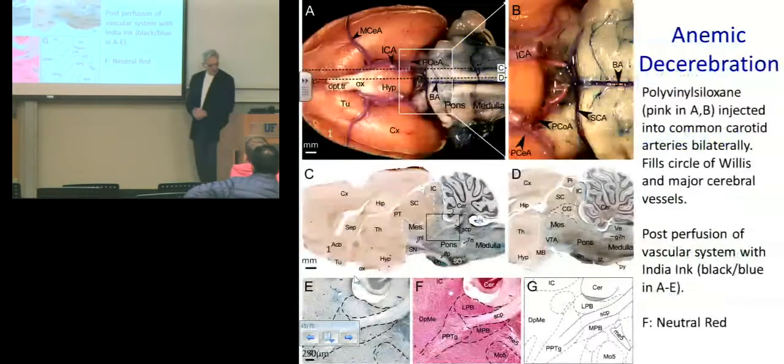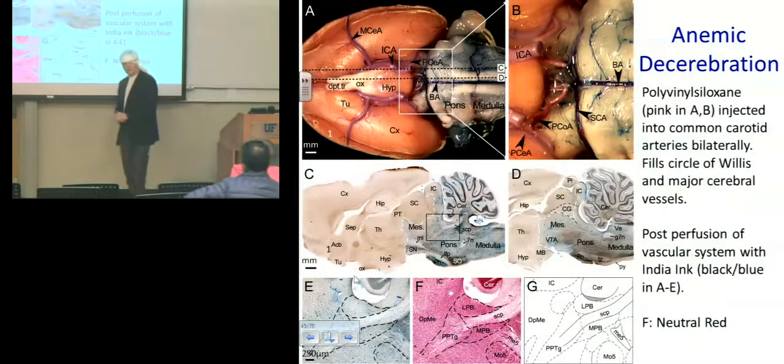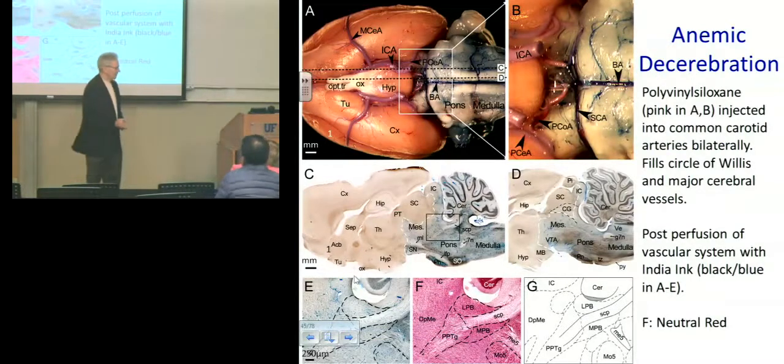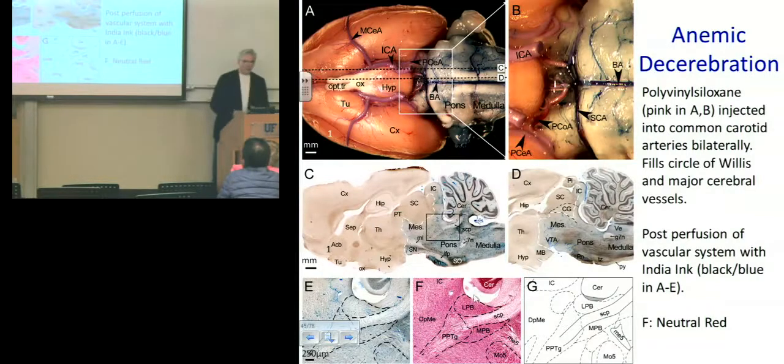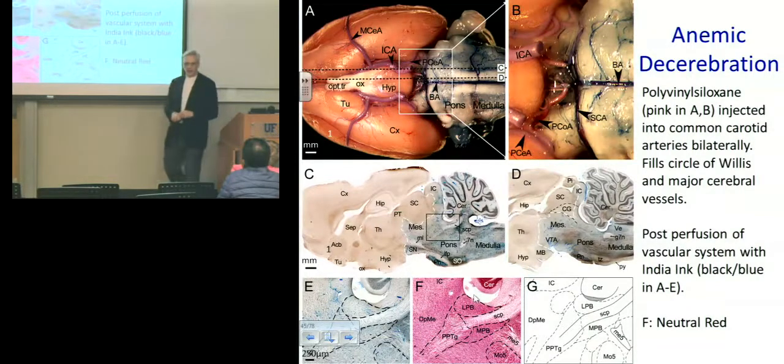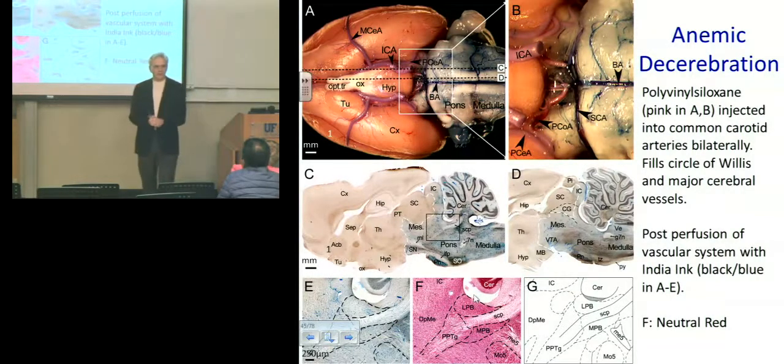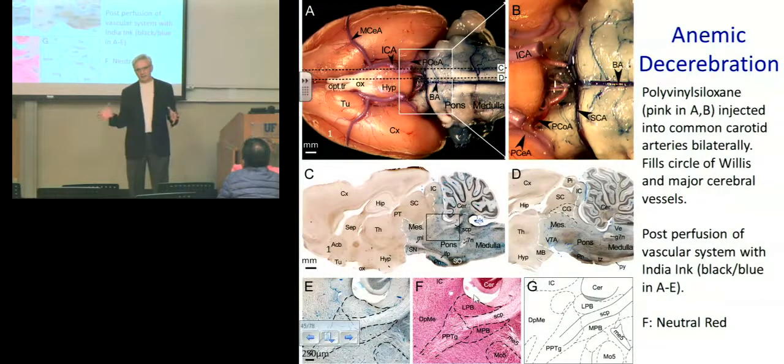Well, we did something kind of similar. We did anemically decerebrated rats, so I won't spend a lot of time on this, but what we did was inject polyvinyl siloxane bilaterally into the carotid arteries. Polyvinyl siloxane is the dental impression material. You use a low viscosity polyvinyl siloxane.